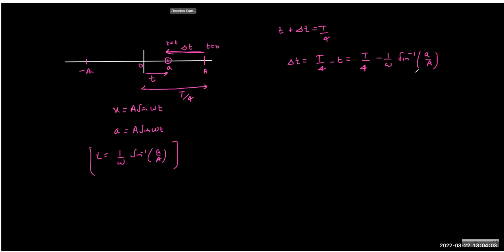One-fourth of the total time period T. So if I know this answer, then the remaining answer must be the difference of the two, no? See, whether you go right or left, the time remains the same. It's a symmetrical oscillation. So if you take time delta t to go from a to capital A, to come from capital A to a will be the same, no difference. Is this clear? Yes, sir.